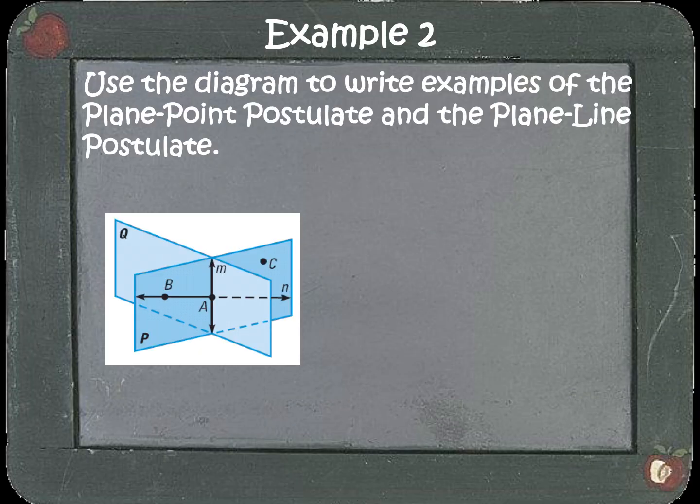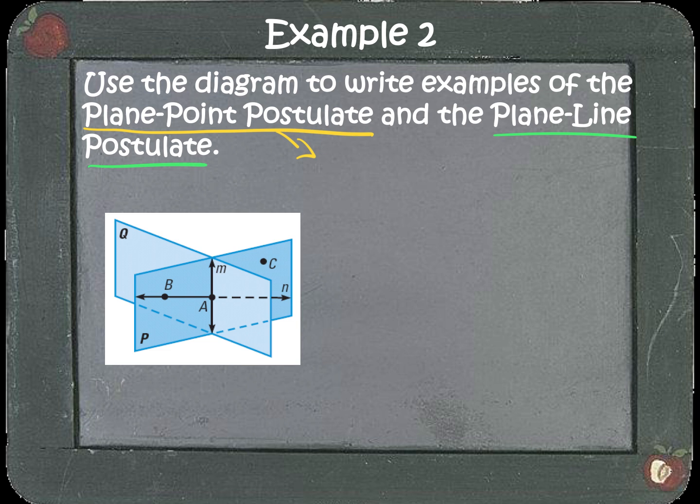So example 2 wants us to use the diagram to write examples of the plane point postulate and examples of the plane line postulate. Now, when they tell you to use the diagram, they want you to describe specific information from the diagram. So let's answer the question for the plane point postulate. Remember, the plane point postulate states that a plane contains at least 3 non-collinear points.